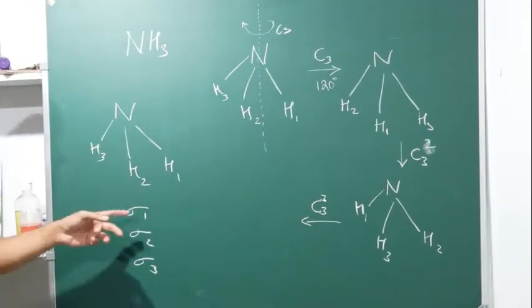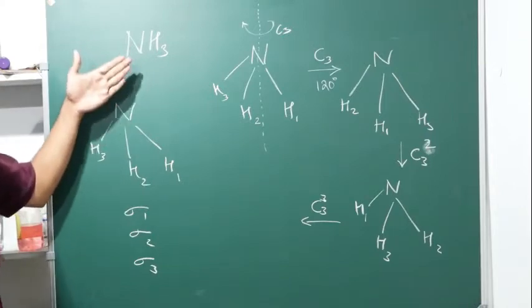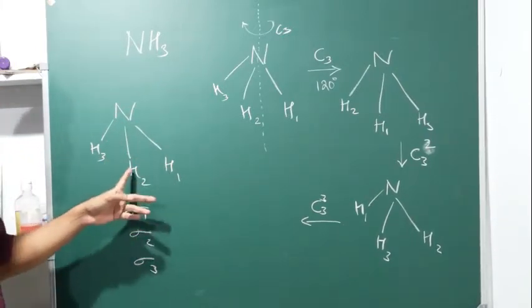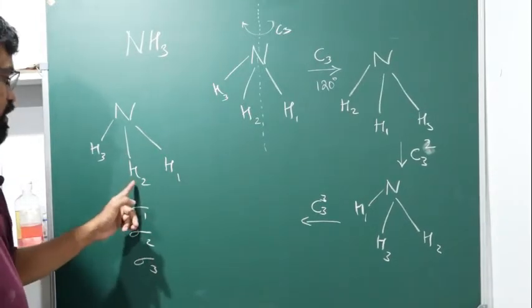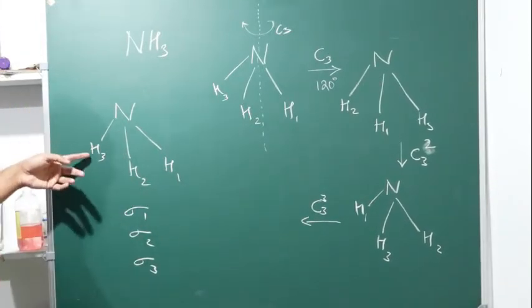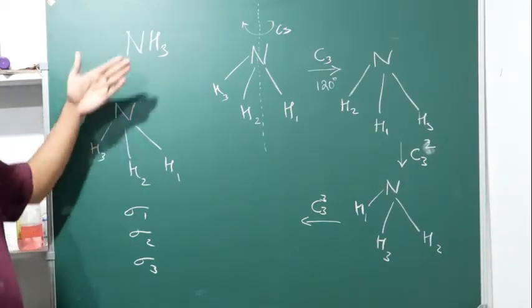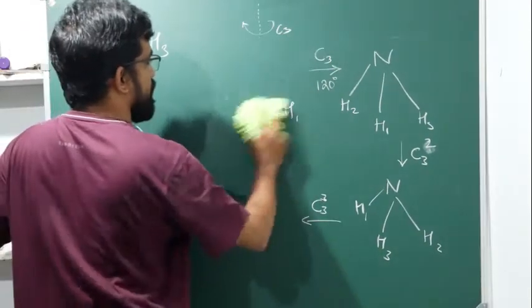Sigma 1 means the plane which passes through H1, sigma 2 is the plane which passes through H2, and sigma 3 is the plane which passes through H3, and of course along the nitrogen. Okay, so let us see what happened.